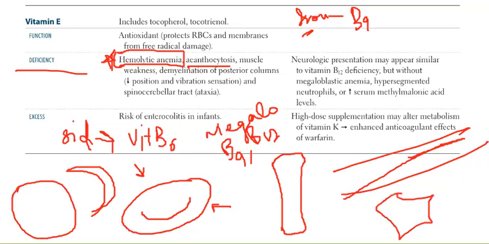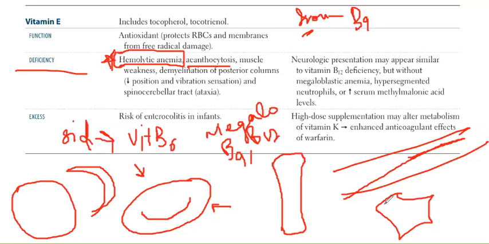When the shape of RBC is changed and they go into the circulation and reach the spleen, they have to pass that network of arteries present in the spleen. But because their shape is no more biconcave, and it is like a sickle or sphere or star shape, they get stuck there. And spleen is called the graveyard of RBCs. They are killed in there.